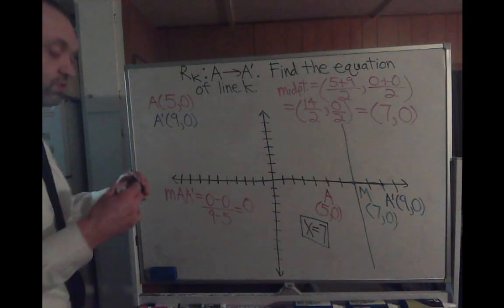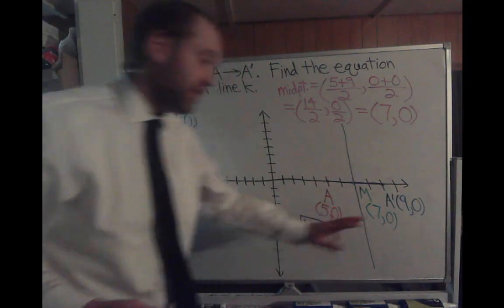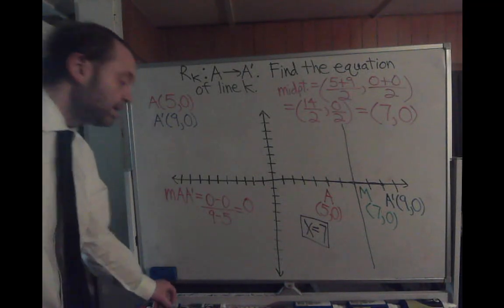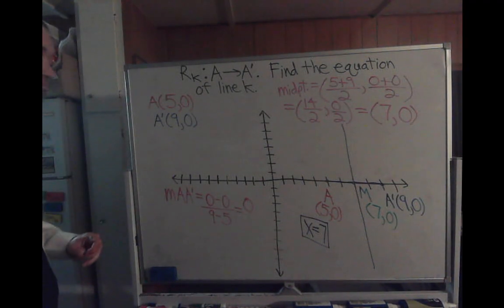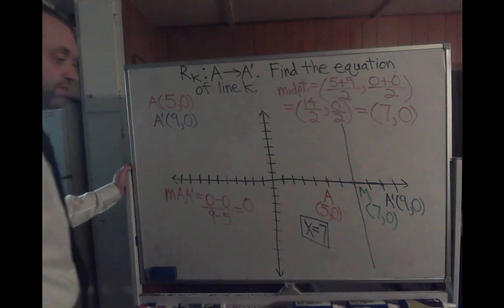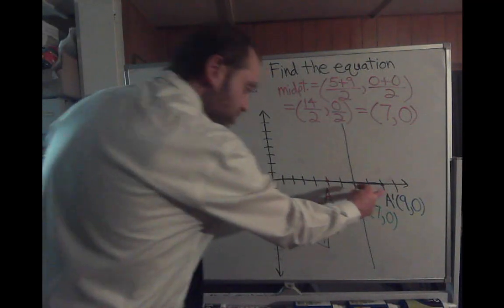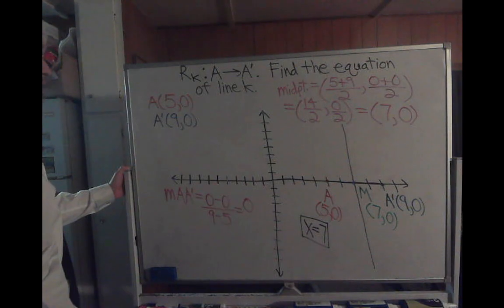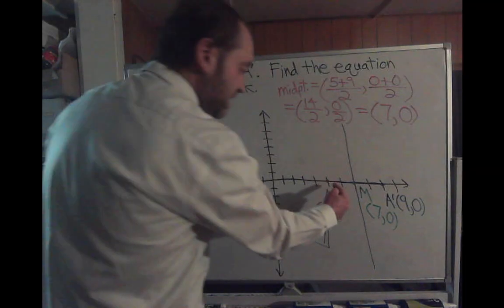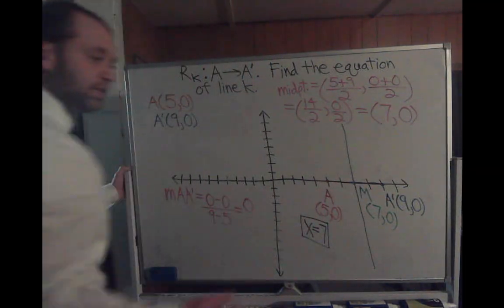All right, so there's your line of symmetry through x equals 7. Okay, and if we notice, 5, 0 and 9, 0 are both equidistant to that line of symmetry and each other. You notice too, there was only a change in your x length and not your y length.